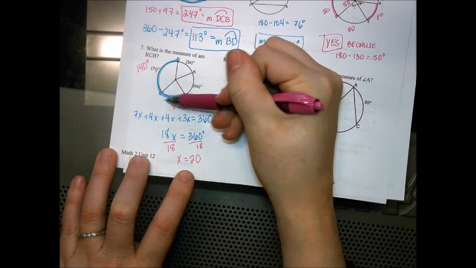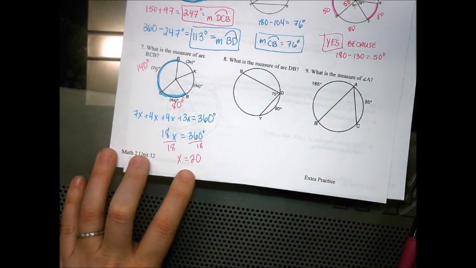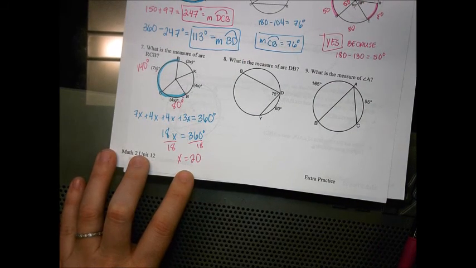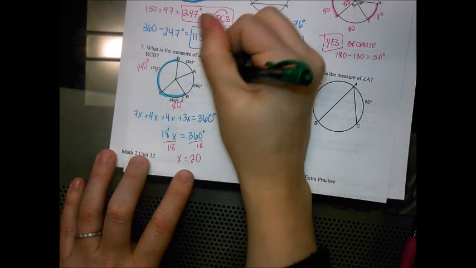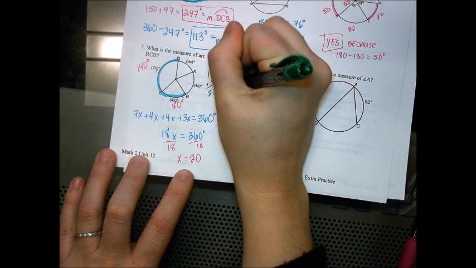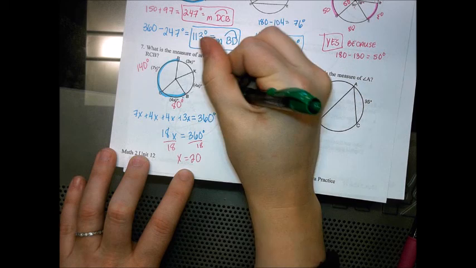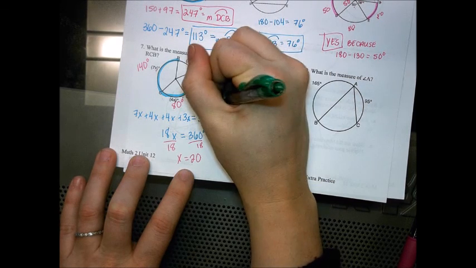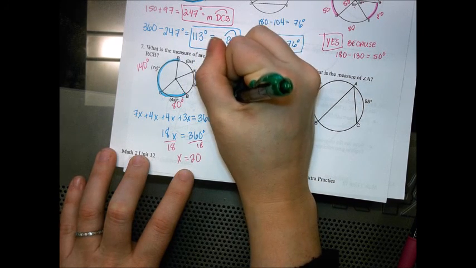And then that entire arc would be those two added together. So 140 plus 80, which would give me 220 degrees, which is equal to the measure of arc RCB.